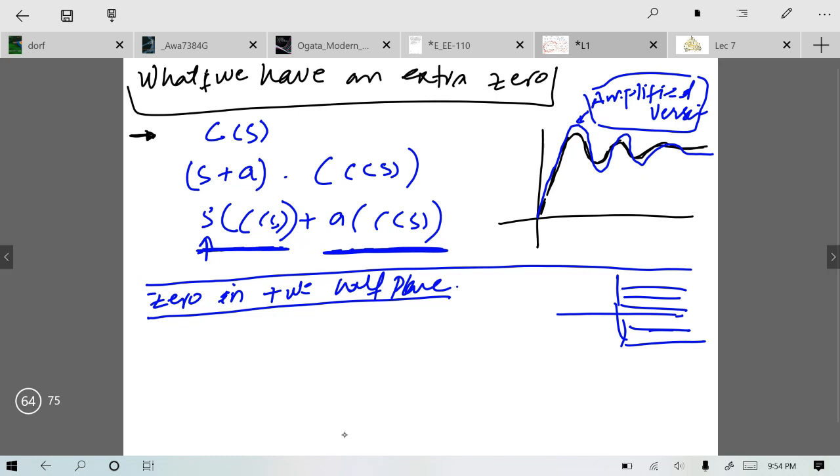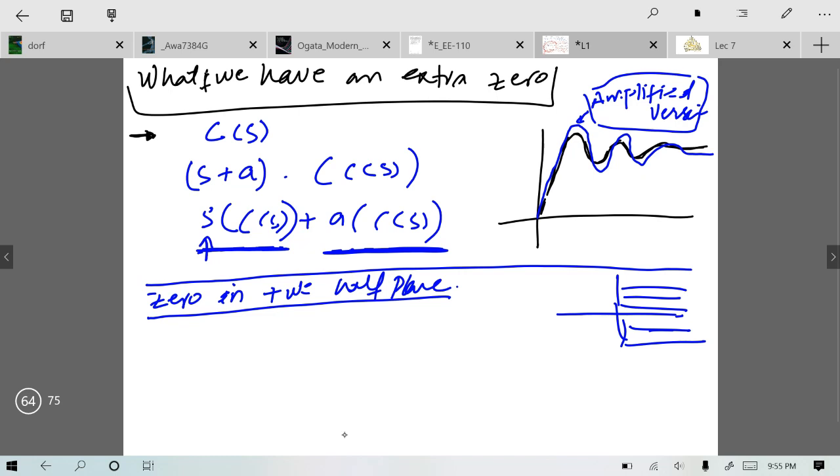What we have discussed is that if we have a pole in the left half plane, then we can ignore that pole if it is 10 times farther than the dominant poles. And if we have a zero in the left half plane, then this zero would only contribute as a magnifying factor to your original response.